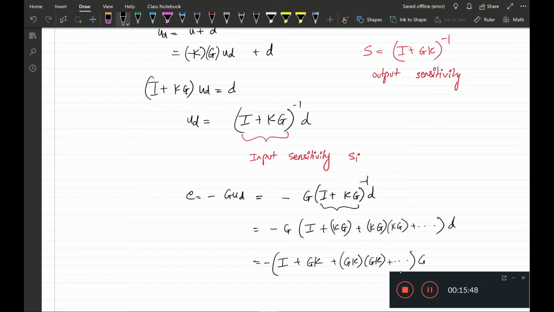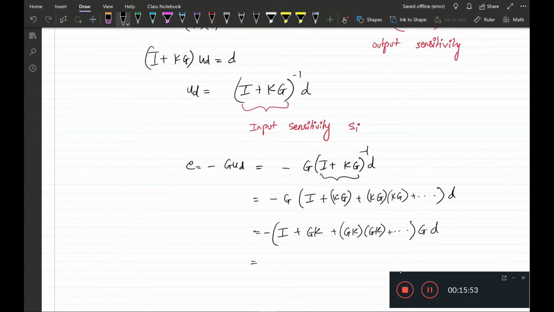We've pulled the G out from the right, and now this one again from the Neumann series, if this series converges, is (I minus GK) inverse times G.